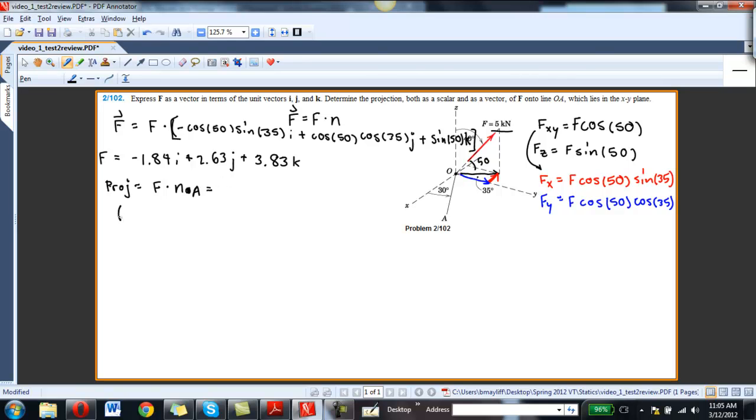So we'll have negative 1.84 i plus 2.63 j plus 3.83 k, and that is the F vector, and that's going to be dotted with the unit vector. Now for this, all we have to do is say that A is going to be in the xy plane, which means there's 0 k. So for the x it is going to be cosine 30, and for the y it is going to be sine 30.